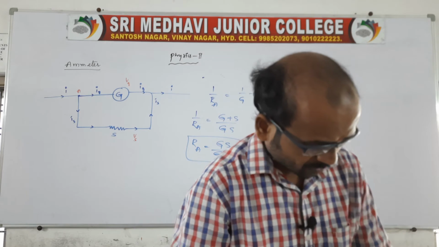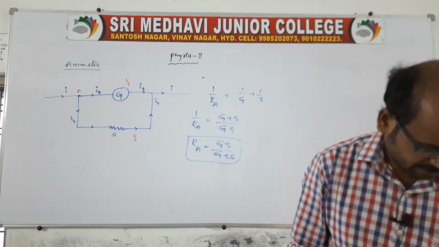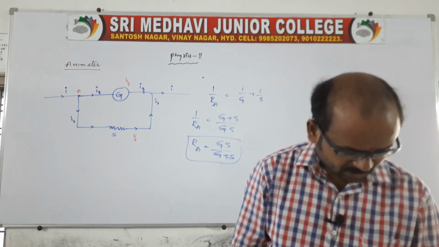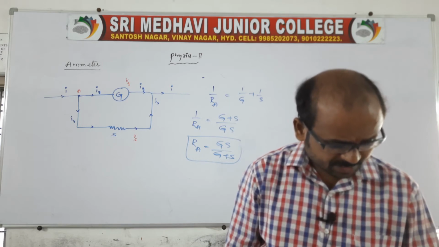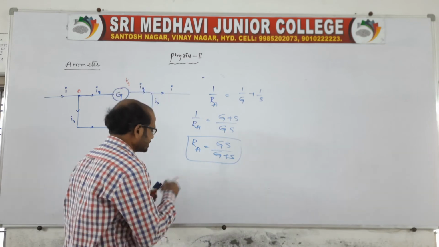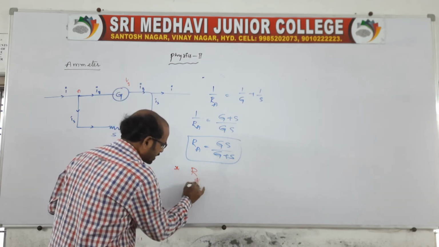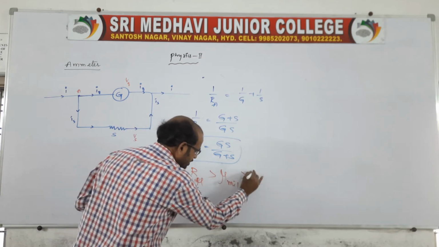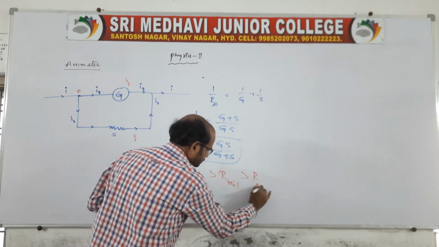There are other ammeters also: the microammeter, the milliammeter, and the ammeter. Regarding their resistance, the resistance of a microammeter is greater than that of a milliammeter, which is greater than that of an ammeter.